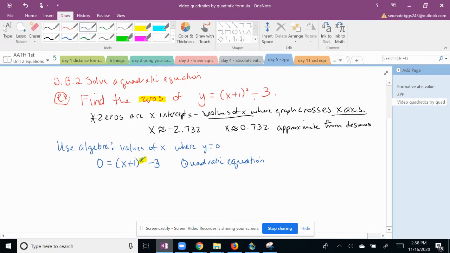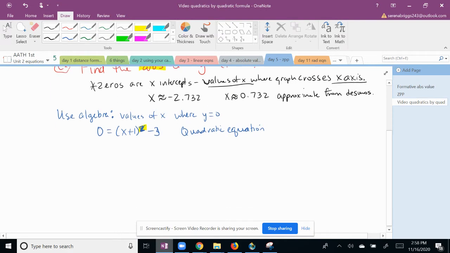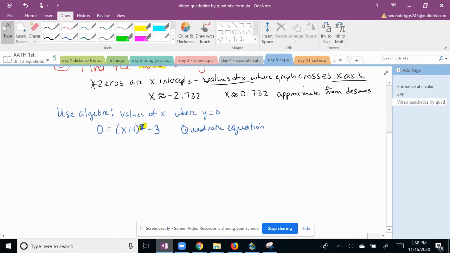So what some students will do to solve it is employ their expansion techniques and hopefully keep kittens alive. We multiply that all out and keep it equal to 0 and see what happens. So that's one option. Expand, keep kittens alive.